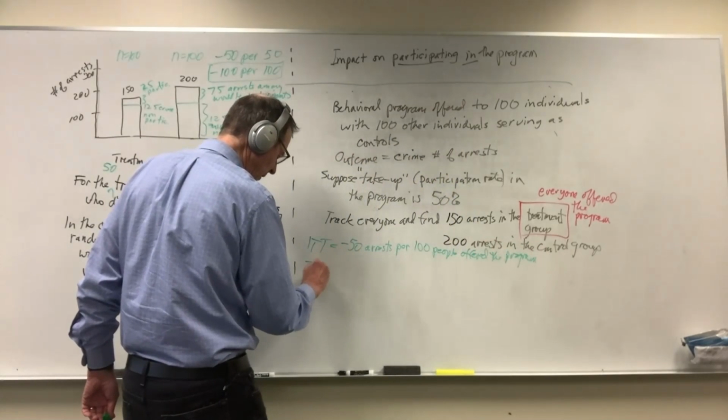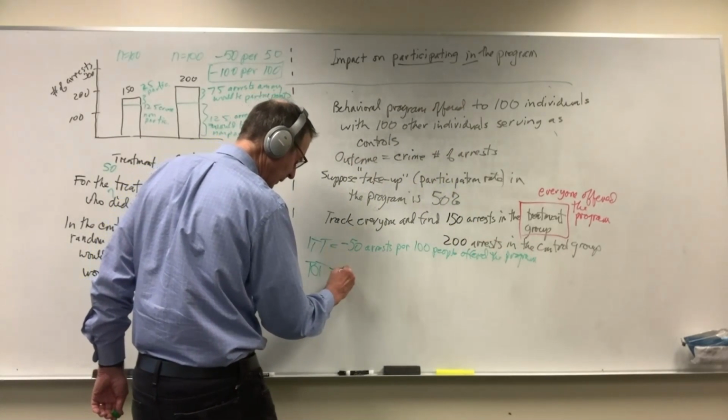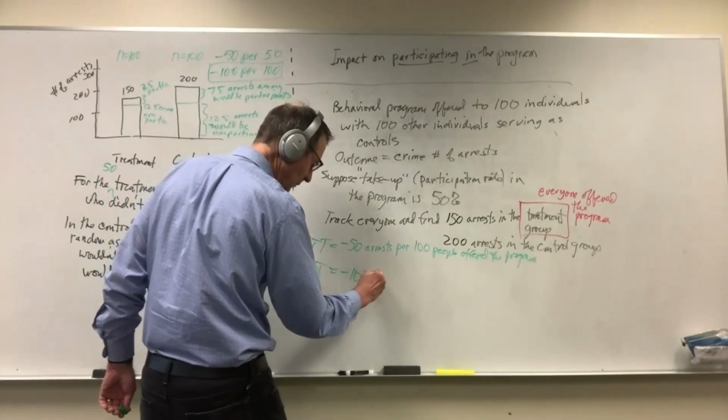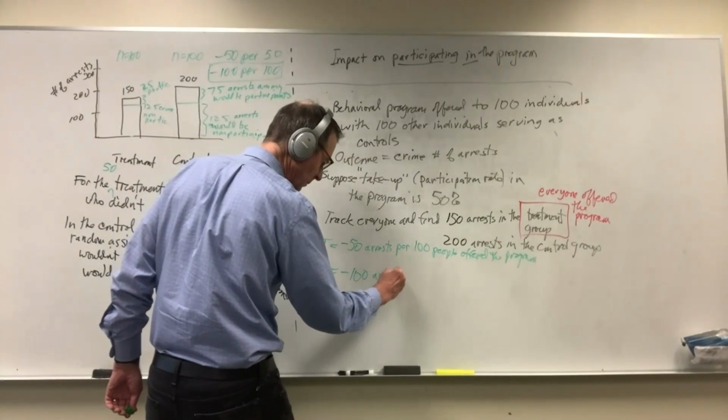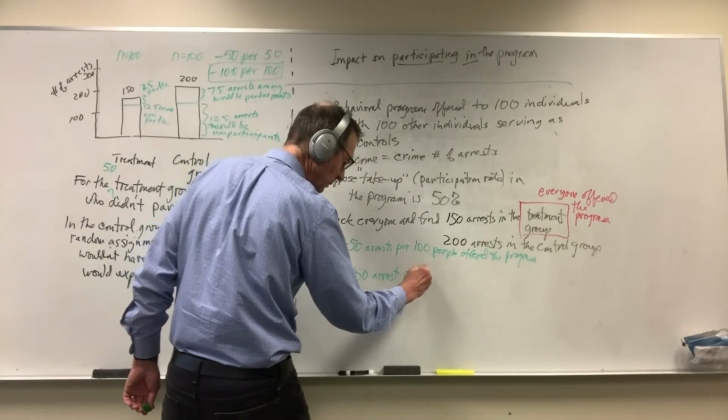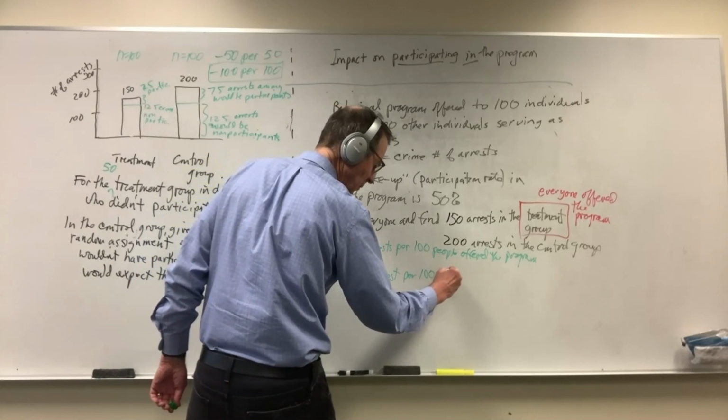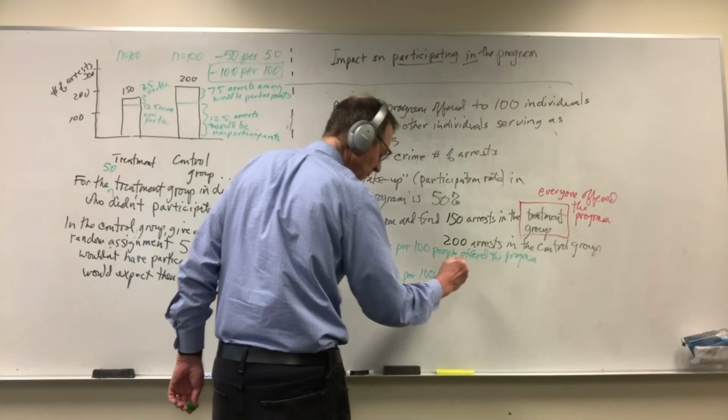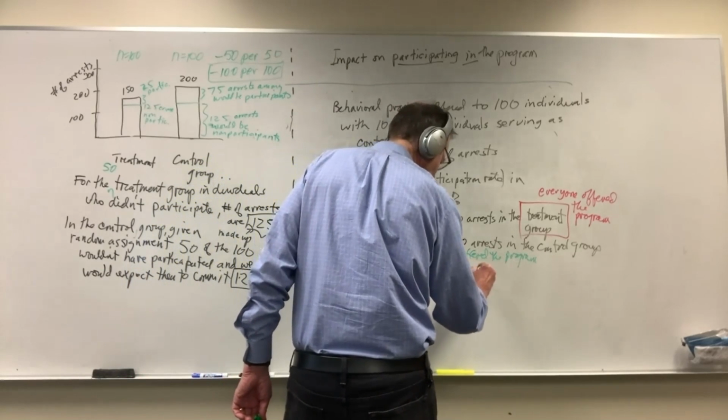And the TOT, or the local average treatment effect, is minus 100 arrests per 100 people participating in the program.